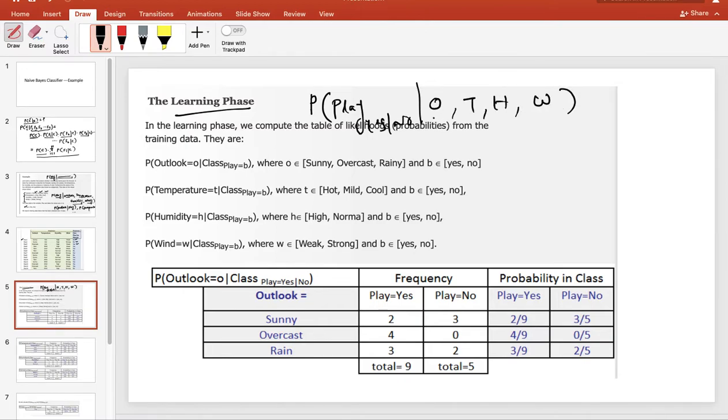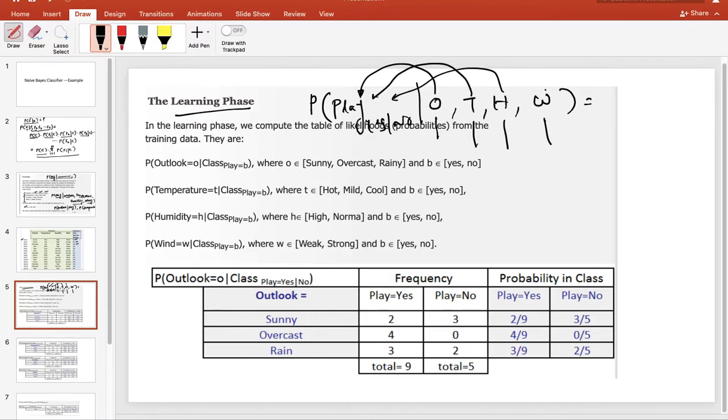This has three values, this has three values, this has two values, this has two values. For computing this, we saw that we need to compute the probability of outlook given play, probability of temperature given play, probability of humidity given play and probability of wind given play.